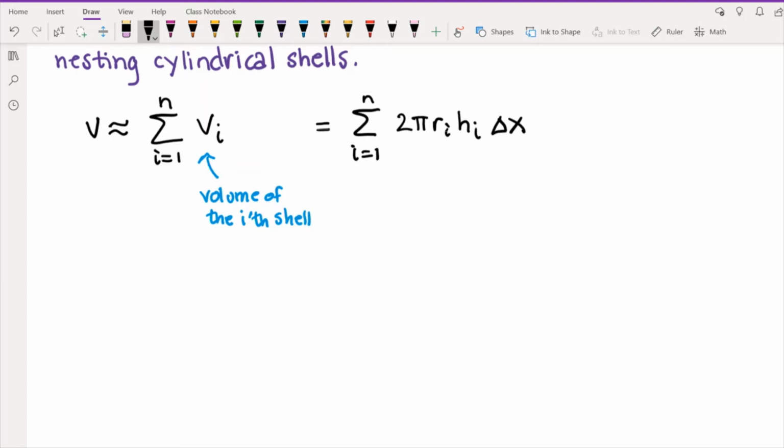Okay, so how would we find the exact volume? We basically want to use infinitely many shells, right? So we need to bring the number of shells towards infinity. And so that's going to be a limit.